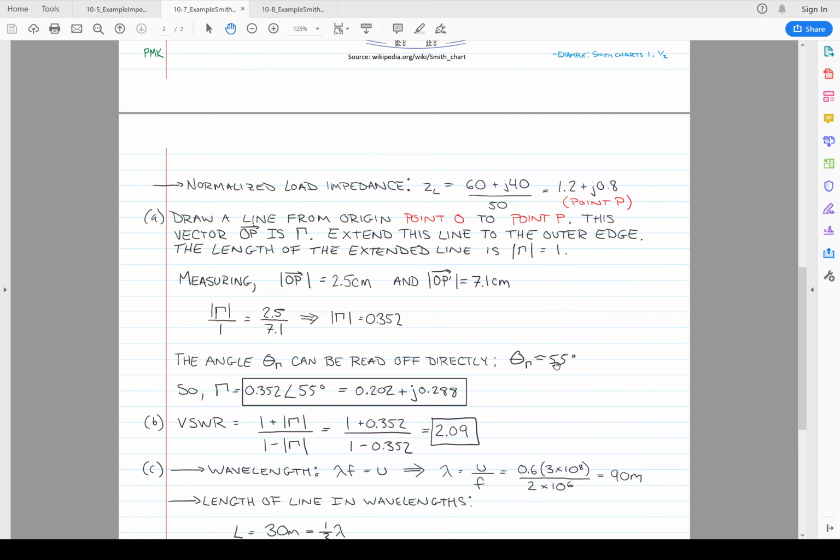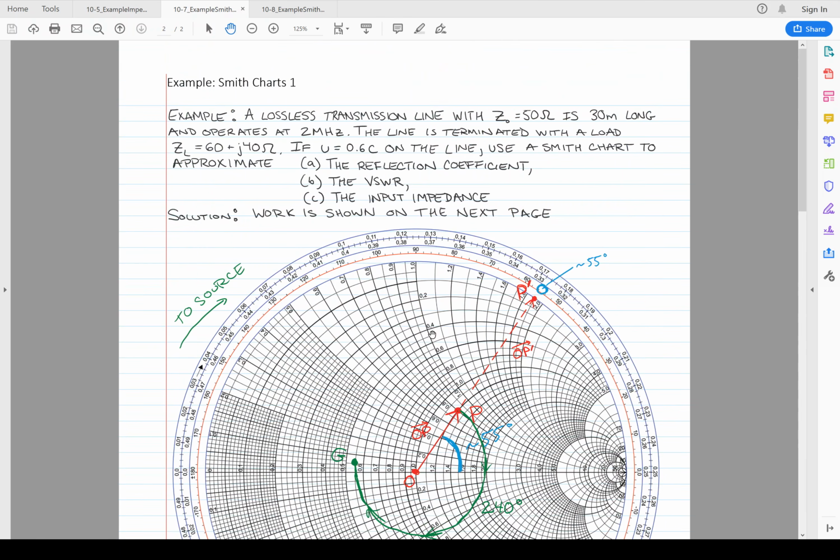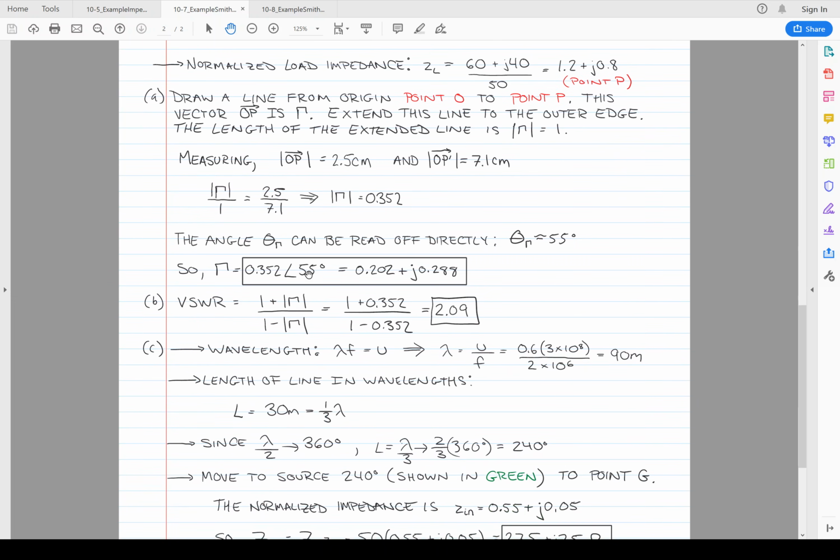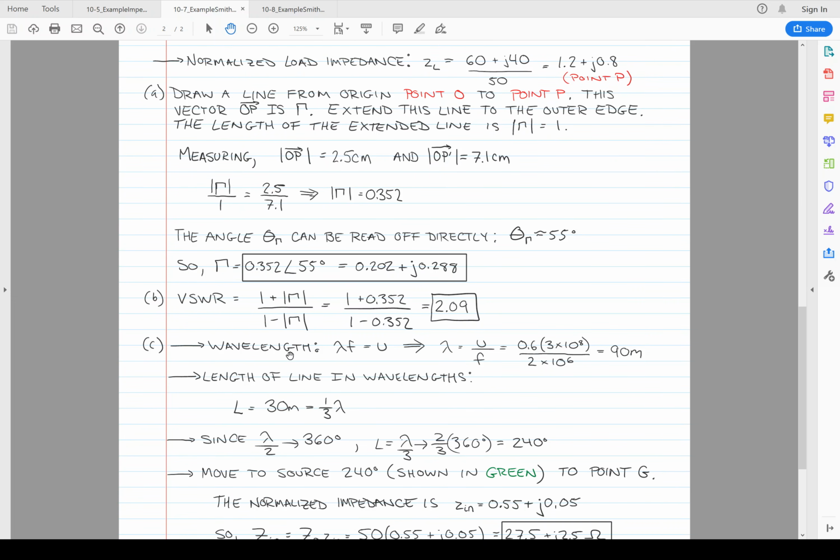Alright, so now to answer part C. C was find the input impedance in this situation. So this is going to depend on the wavelength of our generator's wave, our source's wave. We can get that by noting that the wavelength times the frequency is the speed of the wave, in other words, the wavelength is the speed divided by the frequency, all of which were given.